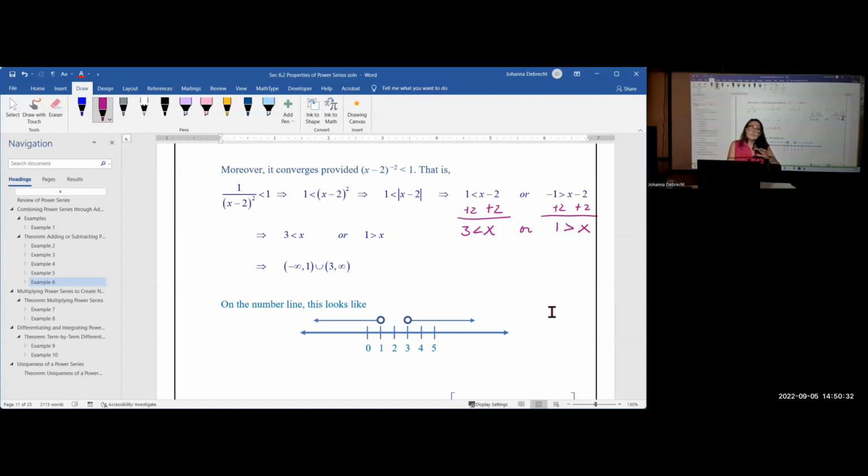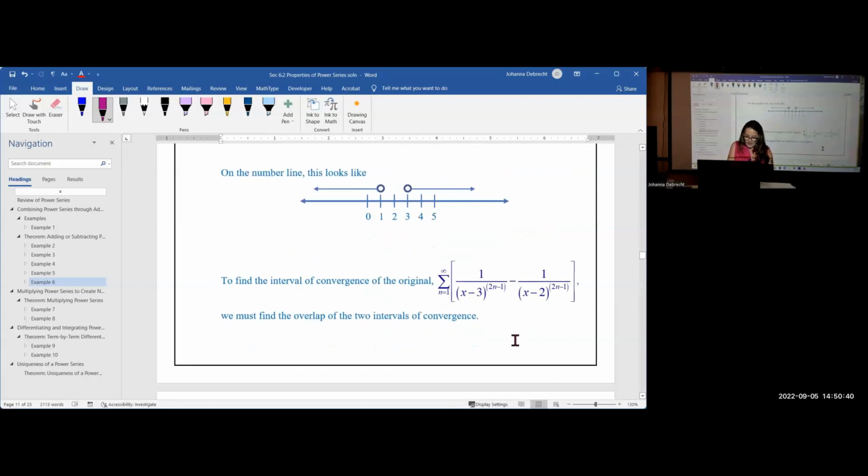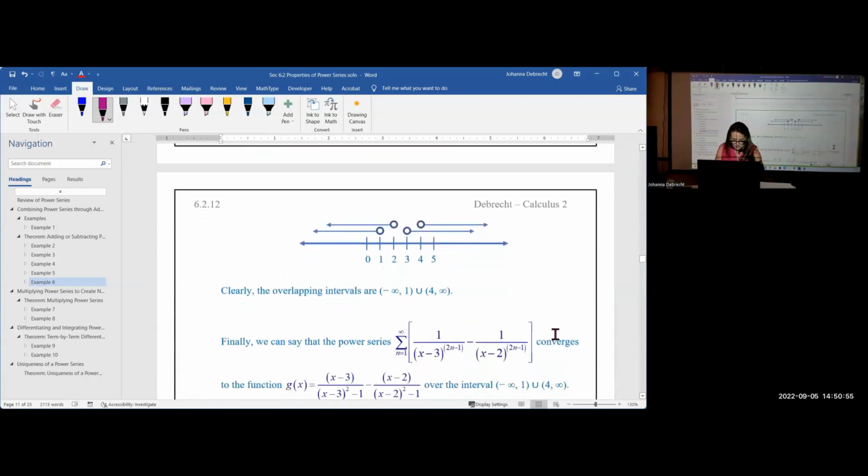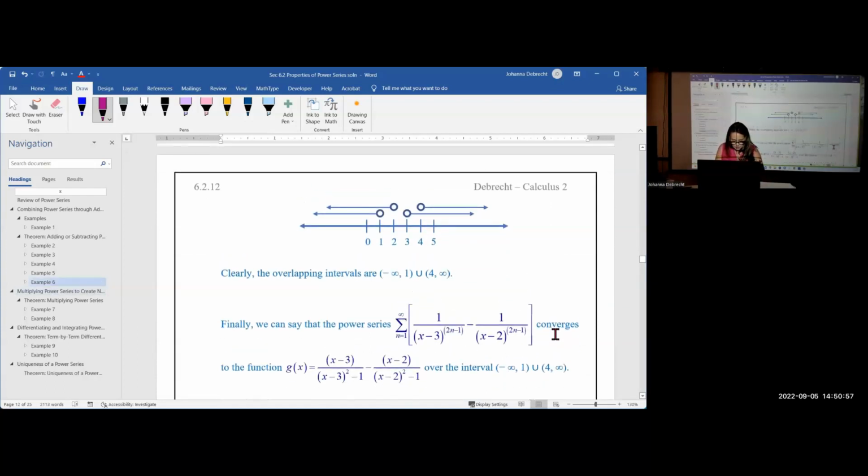So we have these two power series being subtracted, and they have different intervals of convergence. What we have to find is where they overlap in order to find where this combined power series is going to converge. There's got to be some overlap in these intervals of convergence. So I thought the easiest thing to do would be to put them all on the same number line.